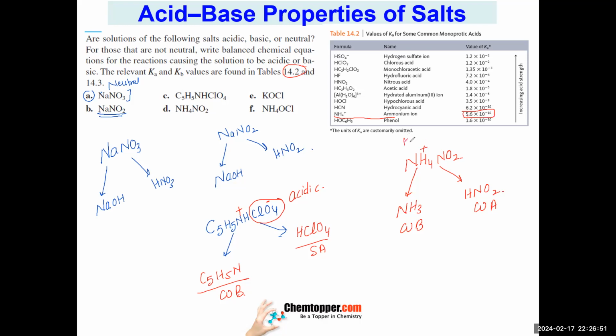The Ka for ammonium is 5.6 times 10 raised to a minus 10. And this weak acid they have given as 4.0 times 10 raised to the minus 4. So who is stronger?